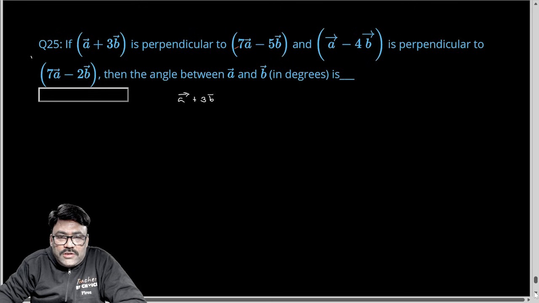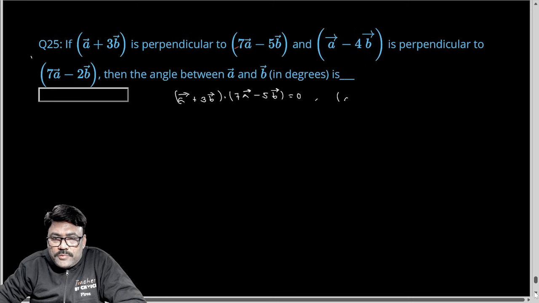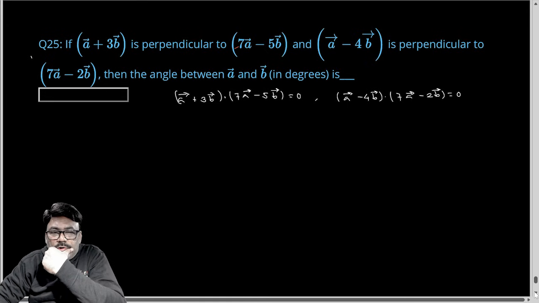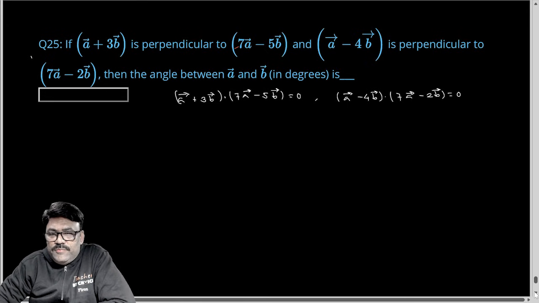So the dot product of a plus 3b with 7a minus 5b should be 0, and the dot product of a minus 4b with 7a minus 2b is again 0.